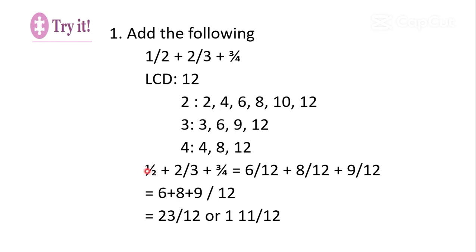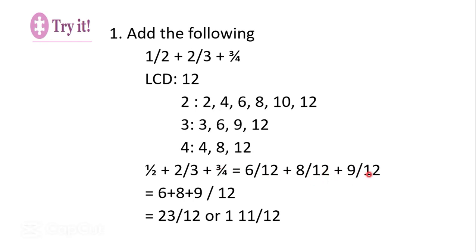You multiply it by 1, that is equal to 6. So you write it above your LCD. Next, 12 divided by 3, 4. And 4 times 2 is 8. Next, 12 divided by 4 is 3, times 3, it is equal to 9.